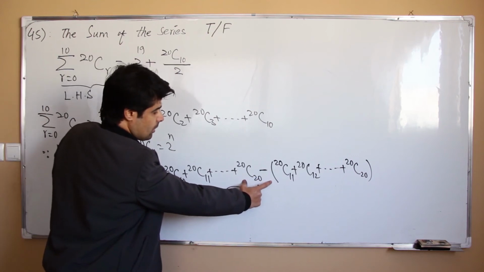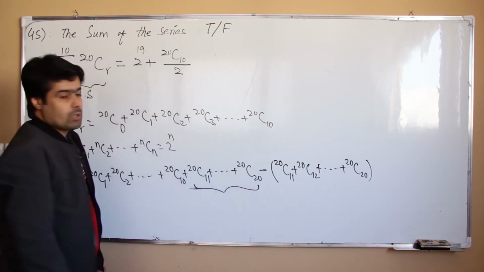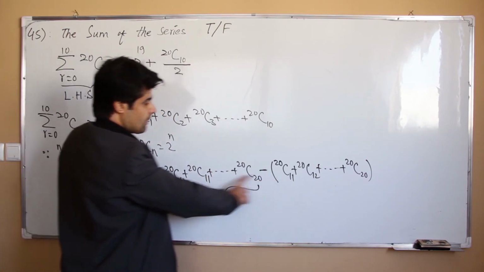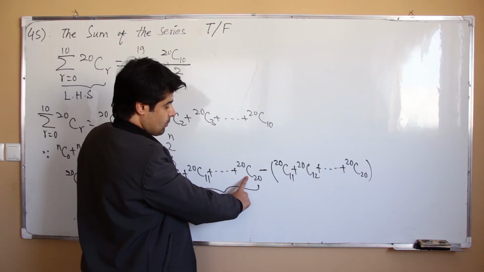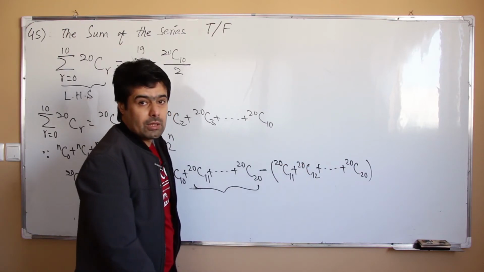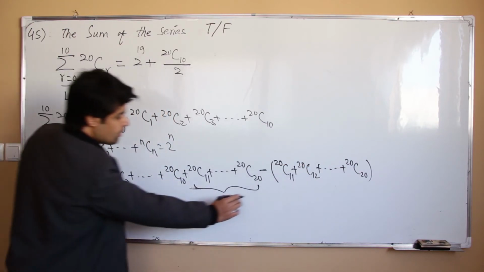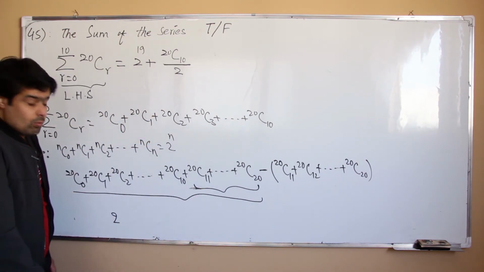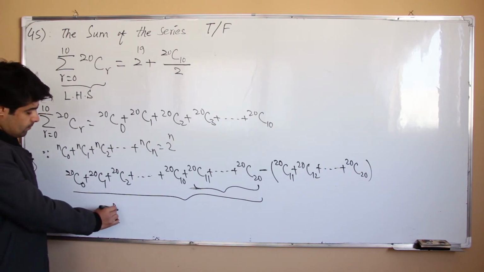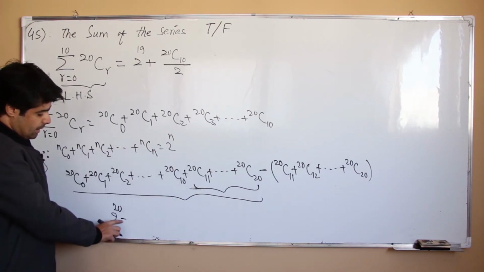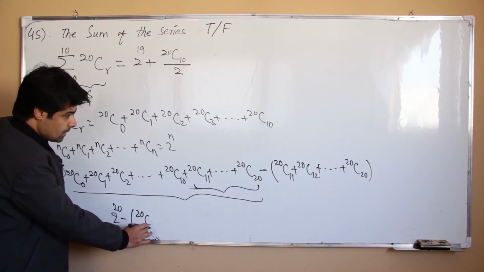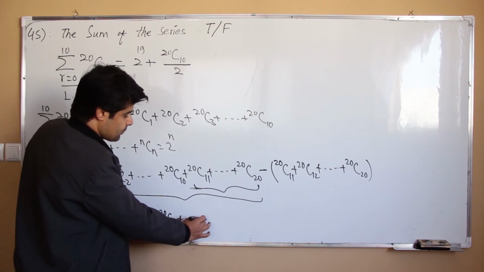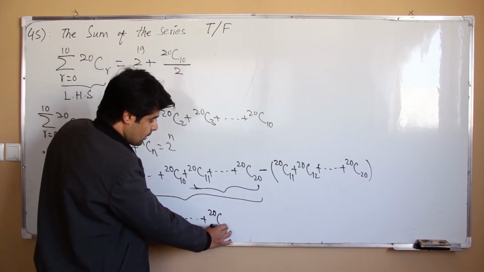Now, does this one give the same result as this one? Yes. Why? Because 20C11 with this one is cancelled, 20C12 with this one is cancelled, up to 20C20 is cancelled with that one. So now this formula is 2 raised to the power n. What's n? n is 20, minus what? 20C11 plus 20C12 plus up to 20C20.